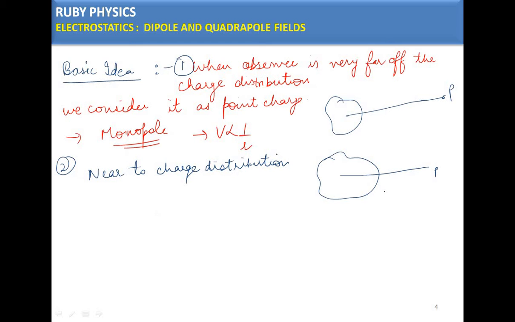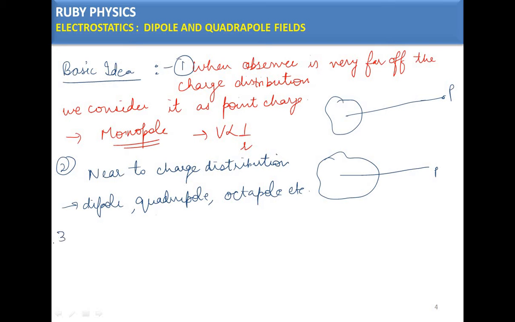In this case we are not going to talk about the monopole term. We are going to talk about the higher order terms, that are the dipole, quadrupole, octupole, etc.